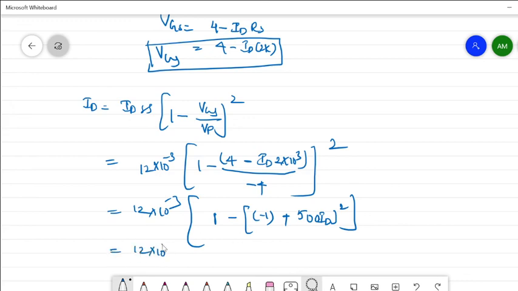12 into 10 power minus 3, 1 minus, separate it using the A plus B whole square formula.